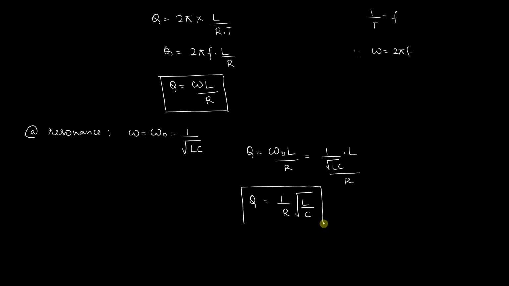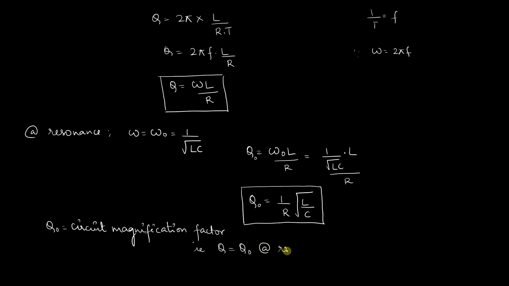Generally when we are considering at resonance, the quality factor Q will be denoted as Q naught. So I can write Q naught equal to 1 by R root L by C, and this Q naught is called the circuit magnification factor, that is Q equal to Q naught at resonance.